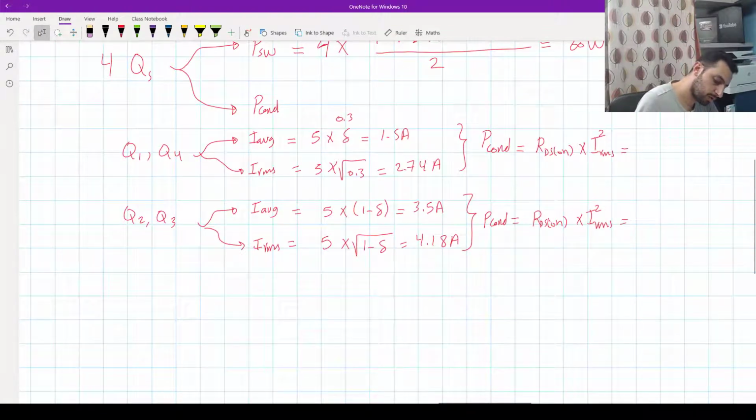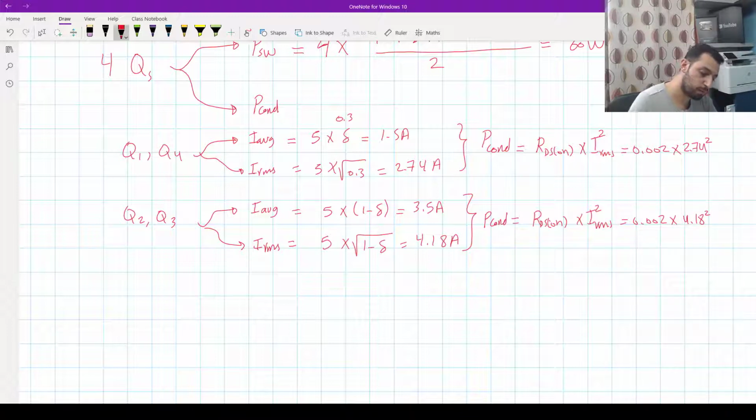So we have 0.002 times 2.74 squared, and this one is 0.002 times 4.18 squared. And again, we shouldn't forget that this should be multiplied by 2 because we have 2 transistors, and this one should also be multiplied by 2 because we have 2 transistors. So for the first one, the answer will be 0.03. The second one, the answer will be 0.07.